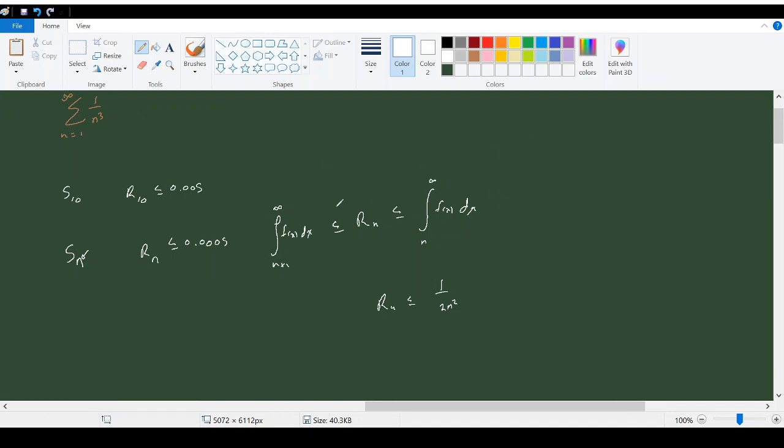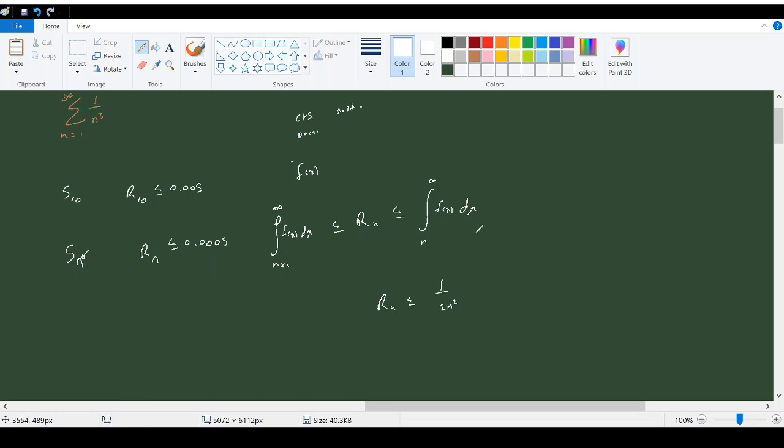Also be careful when you are using this function f(x): you must at least mention all the conditions that we need, that is continuity, the decreasing property, and the positivity, right? You should have all these conditions satisfied in order to write this inequality, okay?